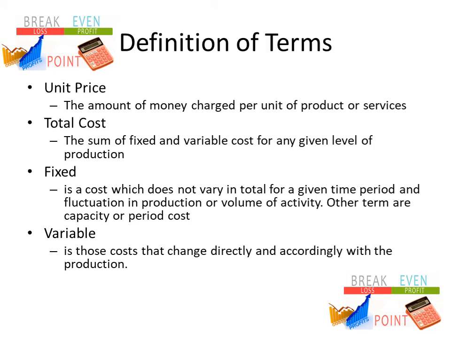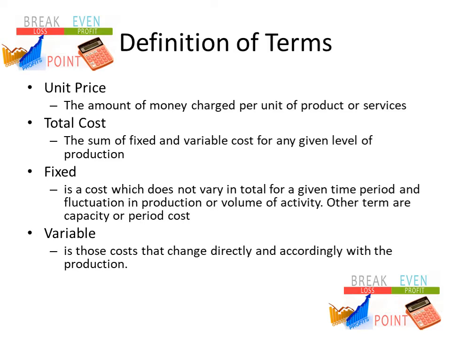Next, variable costs are those costs that change directly with production, because they change per the number of units produced. So if the variable cost is 1 and we produce 1, then the variable cost is 1. If we produce 10, then the variable cost is 10.